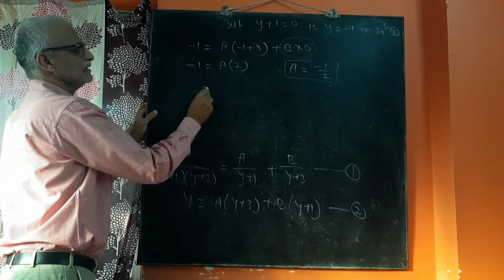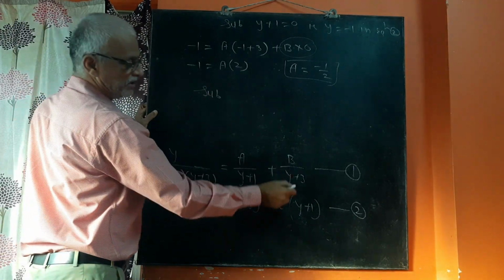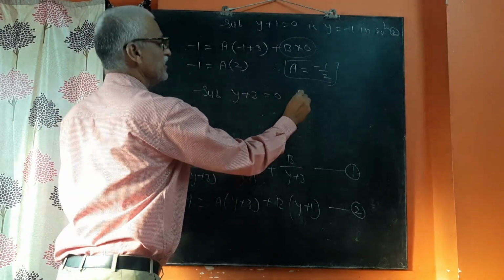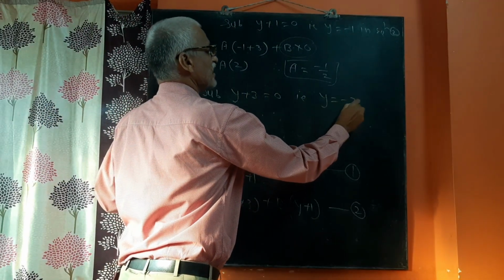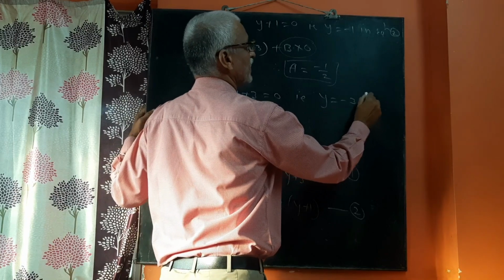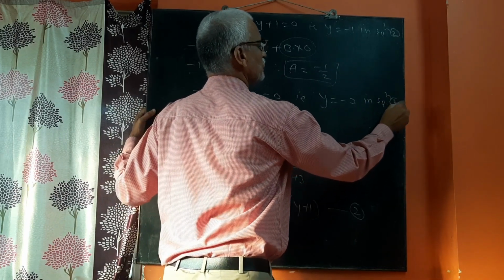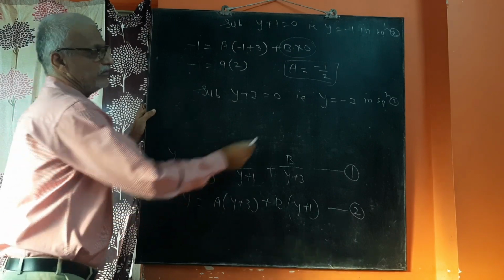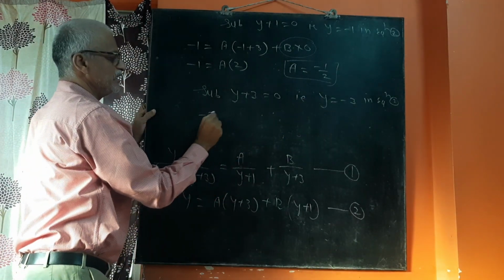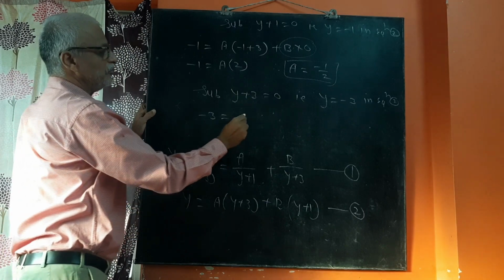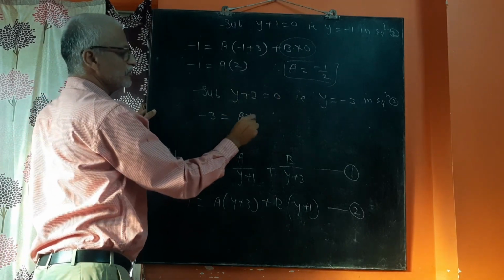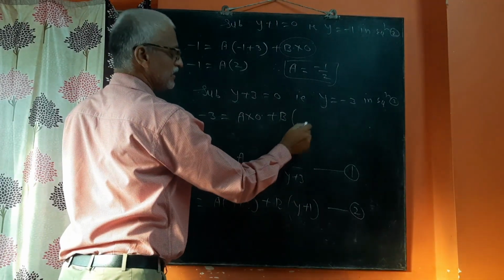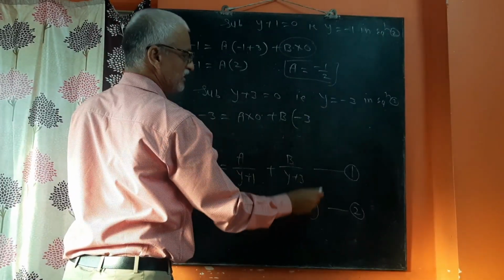Second substitution. Substitute the denominator of b, that is y plus 3. Y plus 3 equals 0. That means y equals minus 3 in equation 2. The value of y equals minus 3. That means minus 3 is equal to a into (y plus 3), which is 0. So a into 0 plus b into (y plus 1), minus 3 plus 1.